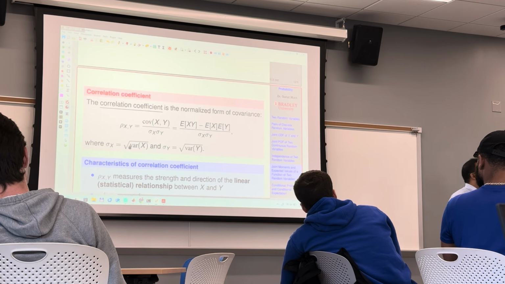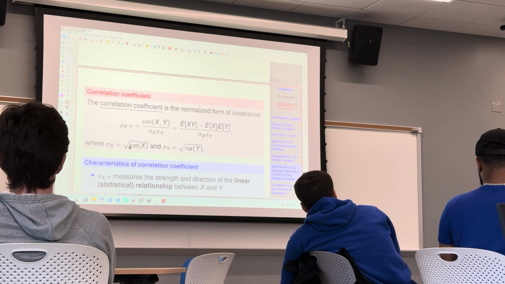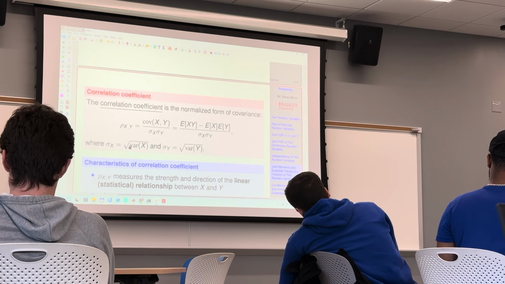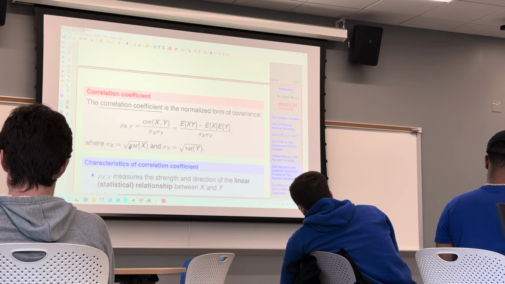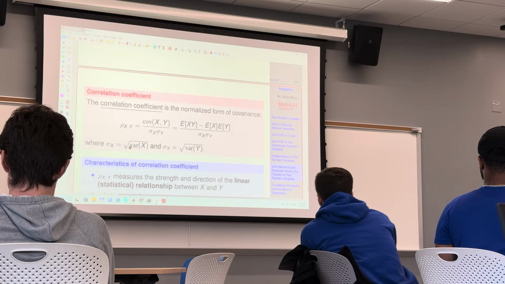That's what I have been talking about since the beginning of this section on joint random variables, whether continuous or not. This is the ultimate term that I have been talking about.